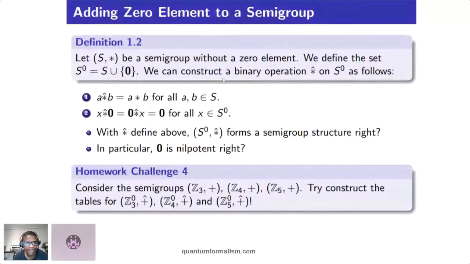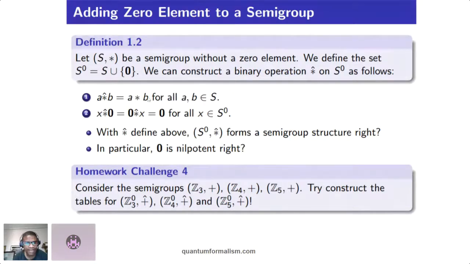The way we construct a binary operation out of the existing binary operation, which we called star, on S0 is as follows. We say A star hat B equals A star B for all A, B in original S. In other words, the binary operation between the elements of S stays as it is.